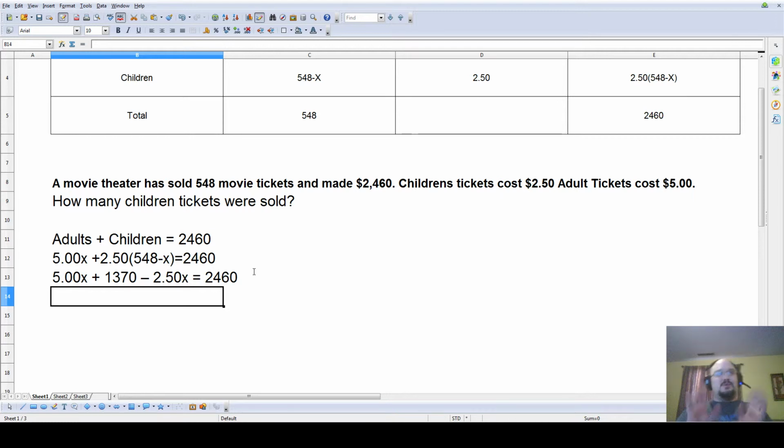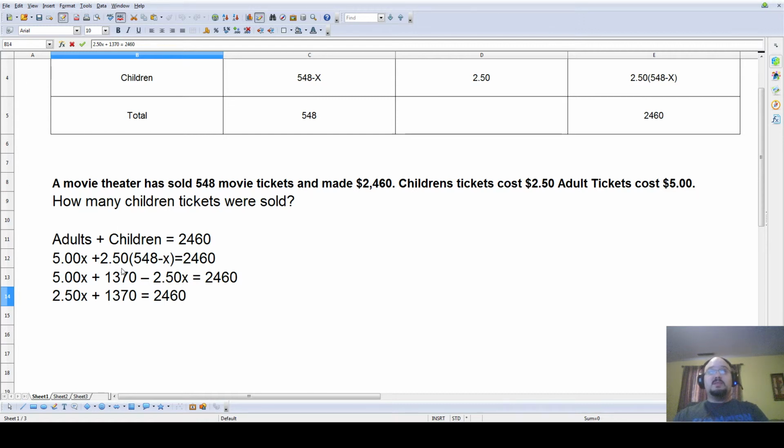All right, anyhow, we're going to continue on solving our problem. We're going to combine our x values, and so this is going to become $2.50, because $5 minus $2.50 is $2.50, and we're going to keep our x with it. I started using small x's, so we're just going to keep going with that. And then 1,370 equals, and notice I'm not doing anything with the numbers.